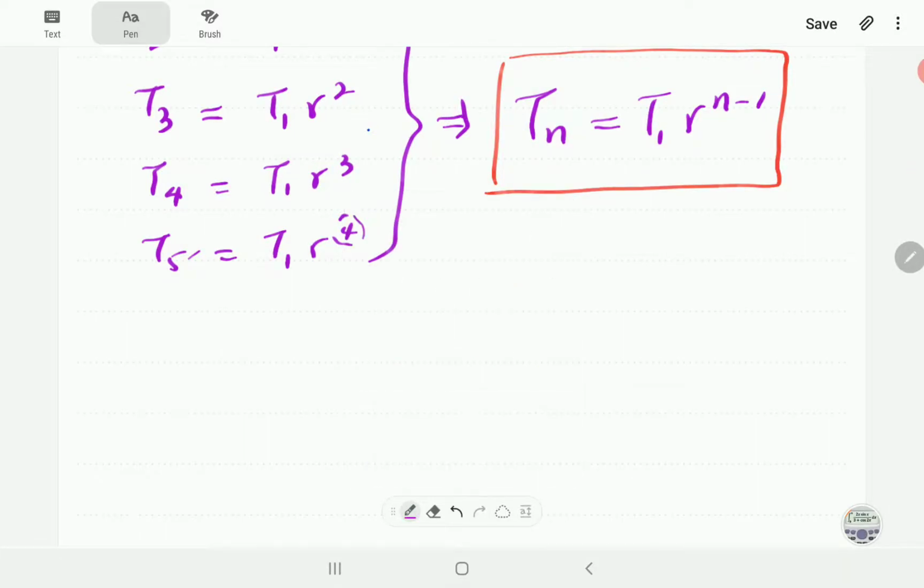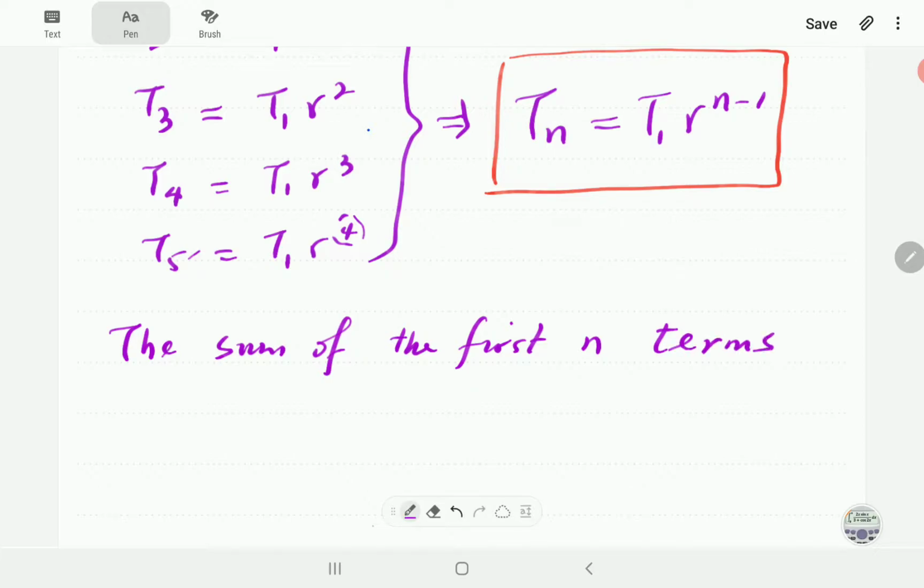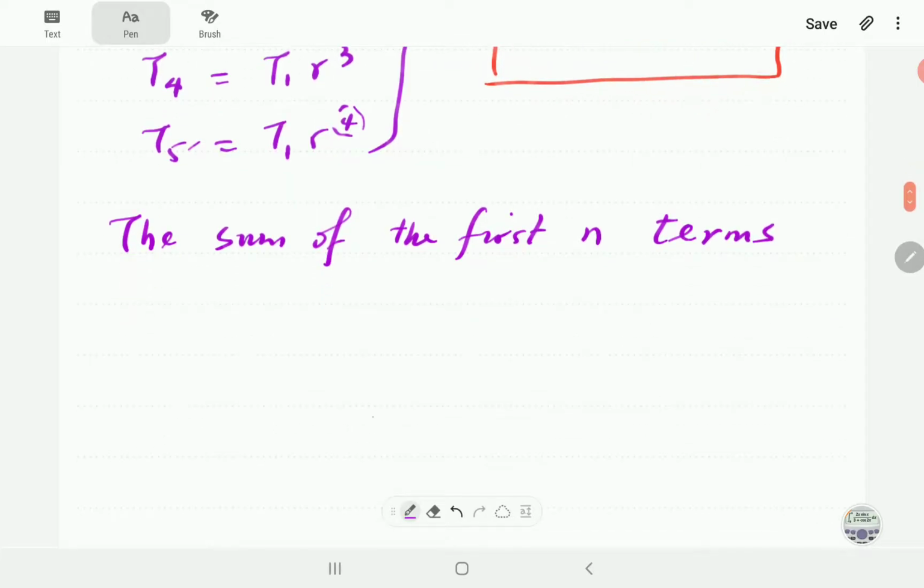Now we're going to seek to derive a formula for the sum of the first n terms of a geometric progression.